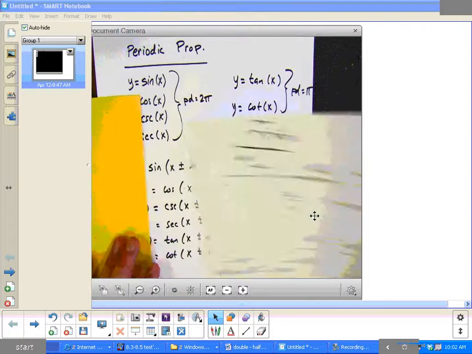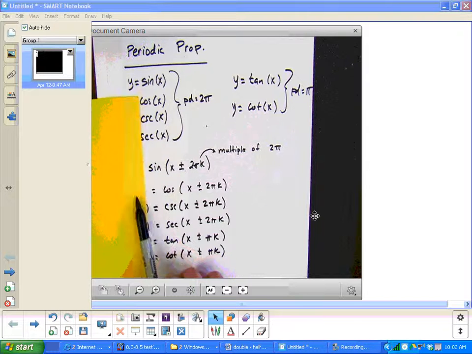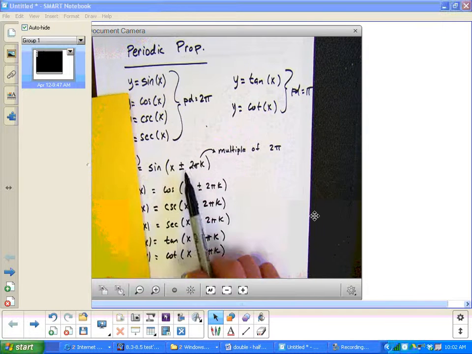All right. So what we're saying here by the 2 pi k idea, 2 pi k just means multiples of 2 pi. Okay. So if I went around the circle multiple times but went back to the same spot, it would equal the same thing, wouldn't it? Okay, so let's see if you can guess what's going to be on this side over here on my equal sign. The sine of x plus or minus 2 pi k.